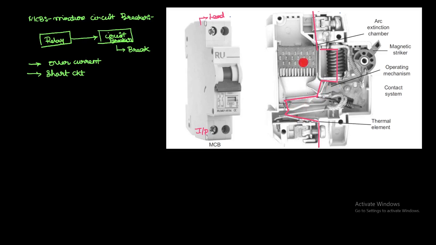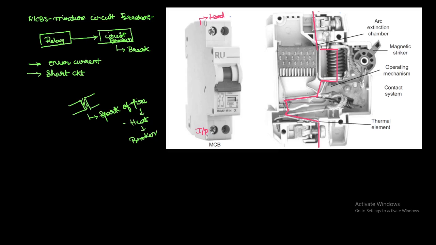So what is the use of this arc extinguished chamber? First you understand the meaning of the arc. Whenever you are separating two contacts of the circuit breaker, you can see some spark of fire. That spark of fire has heat, and that can be broken by this arc chamber.